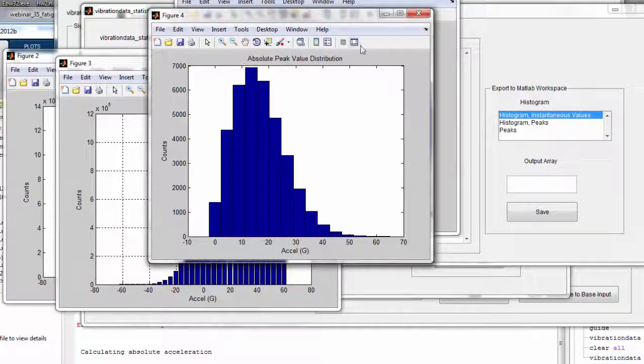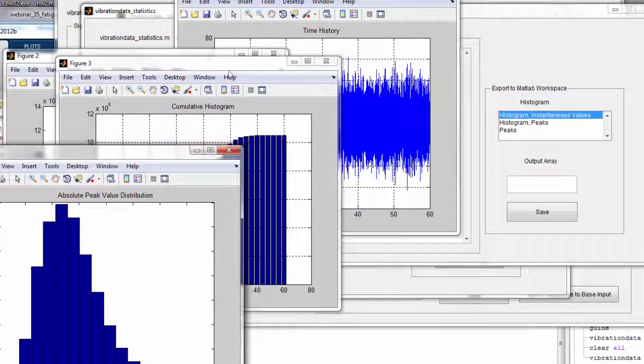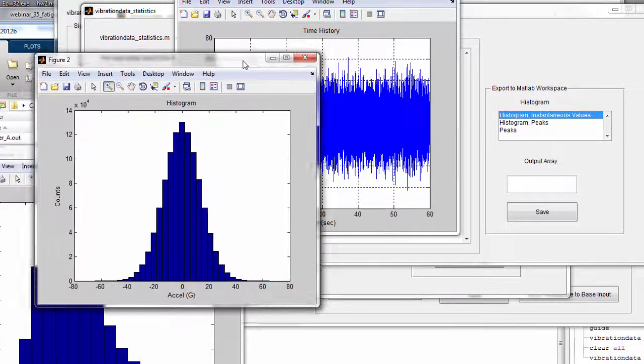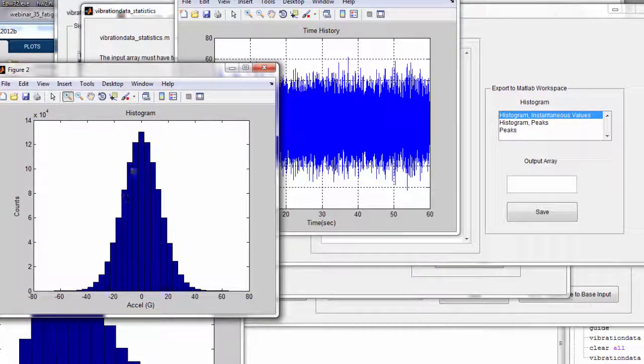Okay, so we'll talk about that one later. That one we're going to skip. Here is the histogram of the instantaneous values, the instantaneous response acceleration values. So we have counts versus G. So for our narrowband process with a fairly sinusoidal frequency, but an amplitude envelope that tends to vary randomly, we do get a bell curve histogram, or you could call that a normal distribution or Gaussian distribution if you like.